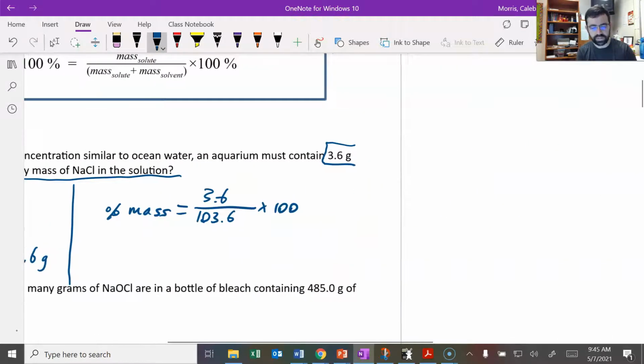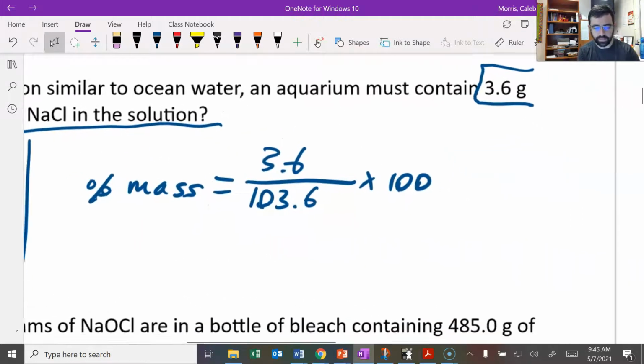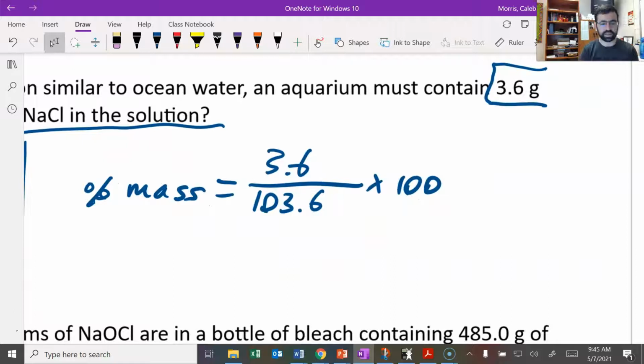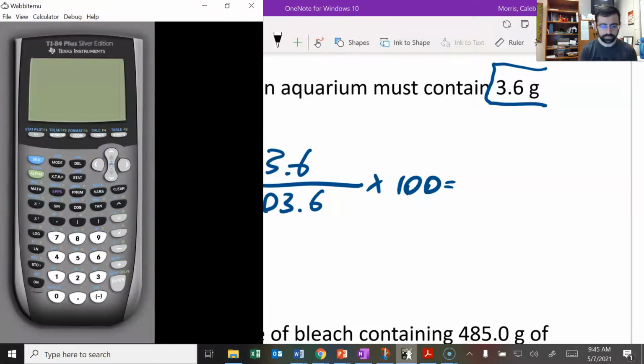A lot of students get confused with this type of question because they assume it's just the smaller mass that's given, divided by the larger mass that's given. Not necessarily true. You've got to make sure that it is the mass of the solute divided by the total mass, which is the mass of the solution.